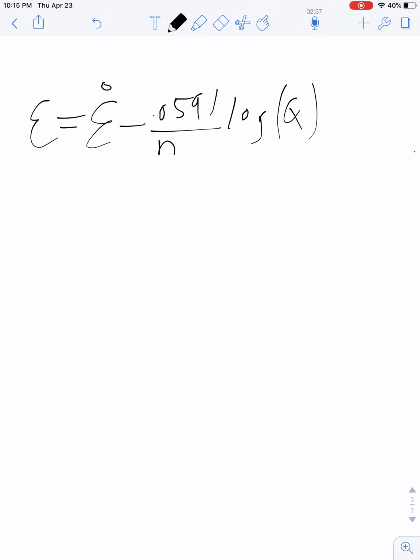Okay, so let's do an example problem here.